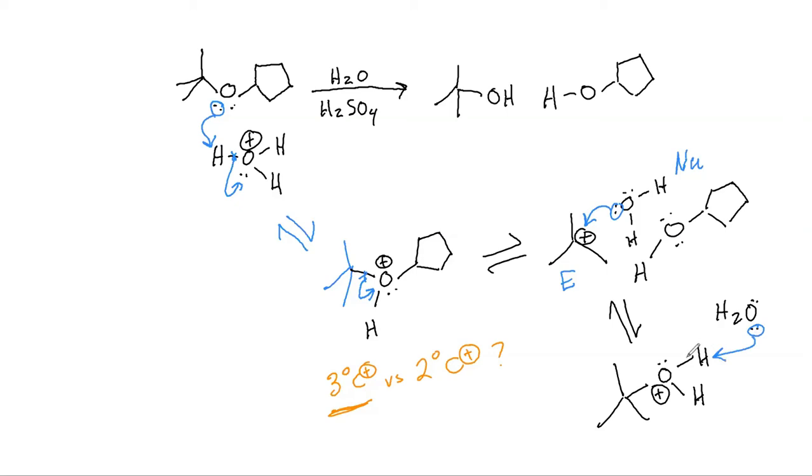Oxygen lone pair reaches out, grabs the hydrogen, oxygen bond breaks. Whoops, let's draw that from the bond, not from the hydrogen itself. And that will then produce our other alcohol product.